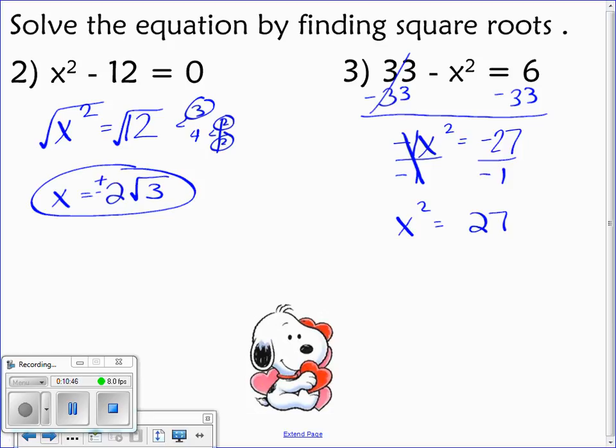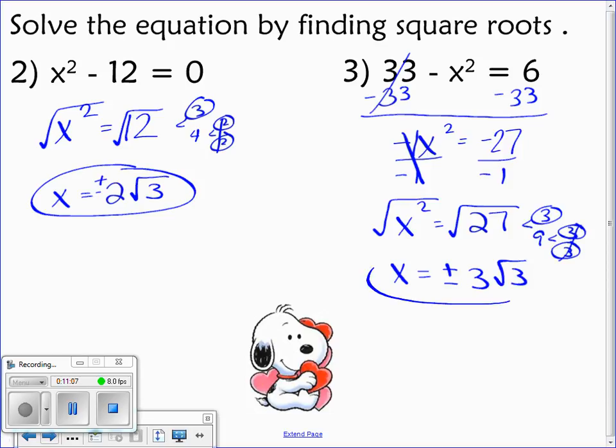You want it totally by itself, okay? And we'll take the square root of both sides. So x equals, good, it will be 3 radical 3. Oh, good, plus minus 3 radical 3.